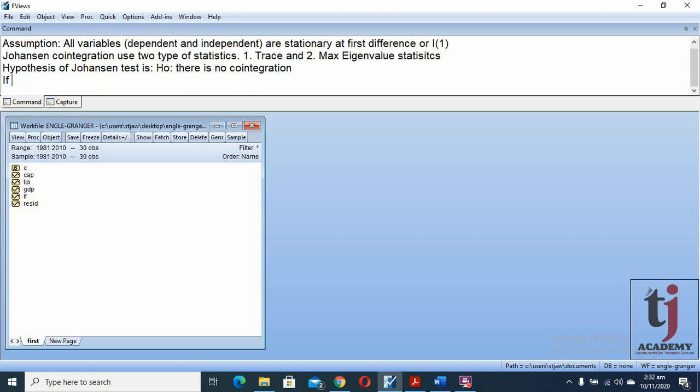If the trace value is greater than its critical value, it means reject H naught, which shows there is cointegration.